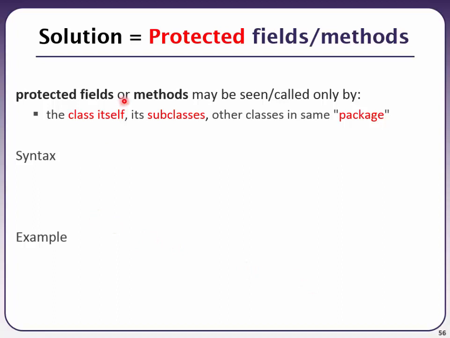A protected field or a protected method may be seen for the field, or called for the method, only by the class itself. So it's very much like private with respect to that, or its subclasses, or classes in the same package. We haven't talked much about packages in these videos yet, but let's leave it at that for now. More interesting for us in this lecture is that we have all the benefits of private.